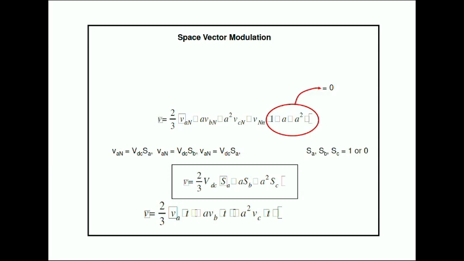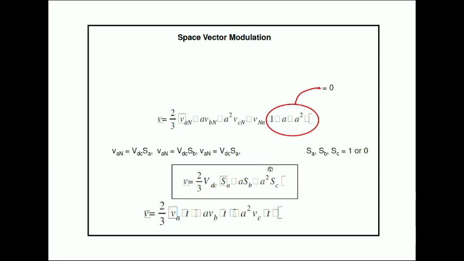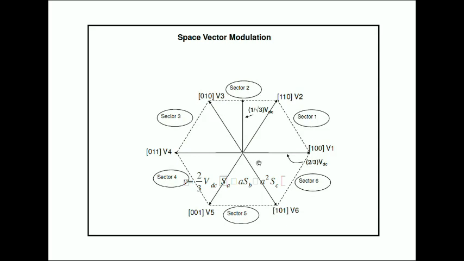6 vectors which are easily obtainable means when SA is equal to 1, SB is equal to 0, SC is equal to 0, then you can represent this vector like this. Your vector will have a magnitude of 2 by 3 VDC, and it is in the direction of 1, which means horizontal.